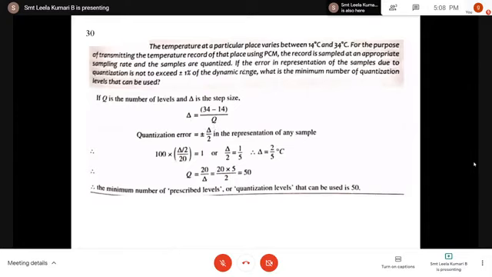And here, the error in representation of the samples due to quantization is not to exceed plus or minus 1% of the dynamic range.